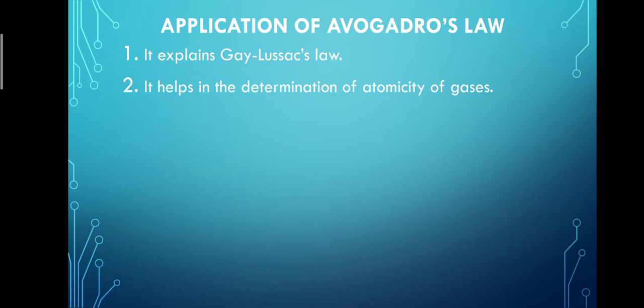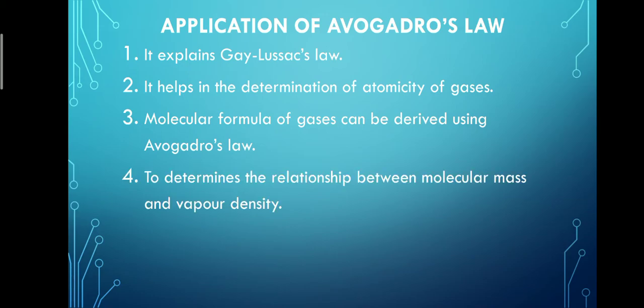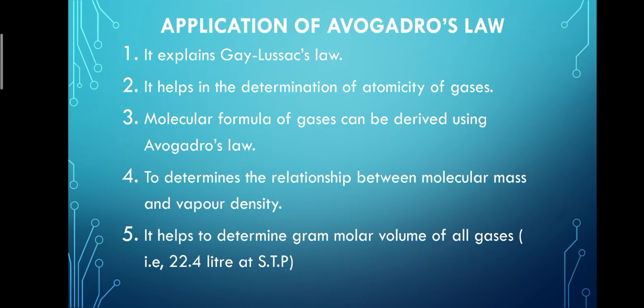Next, the molecular formula of a gas can be derived using Avogadro's law effectively. Next, it helps to determine the relationship between molecular mass and vapor density. Next, it helps to determine the gram molar volume of all gases, that is 22.4 liters at STP. We came to this conclusion based on Avogadro's law.